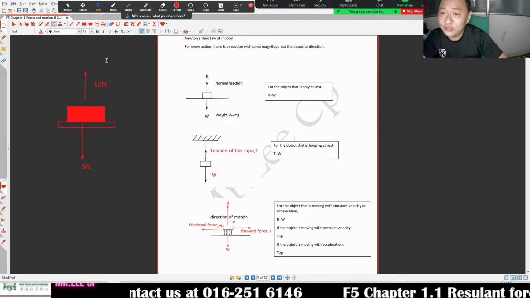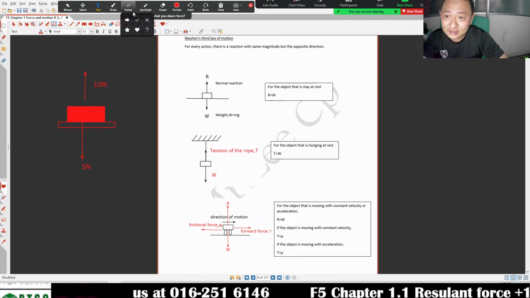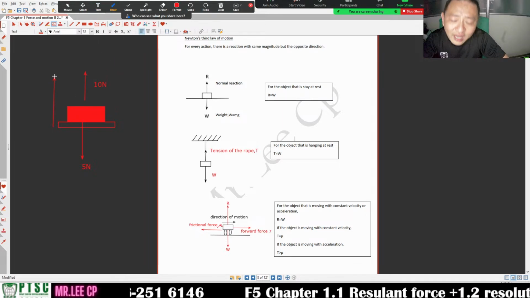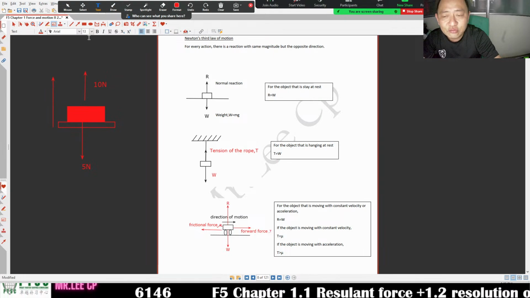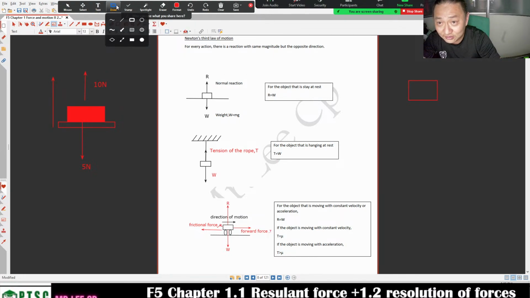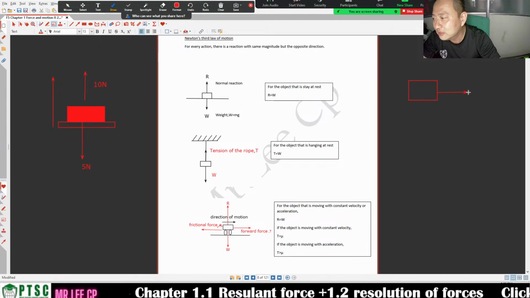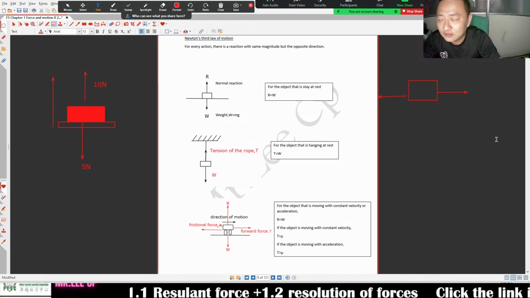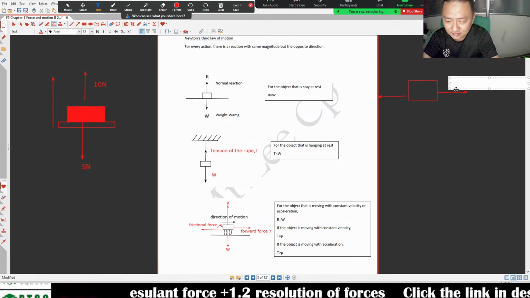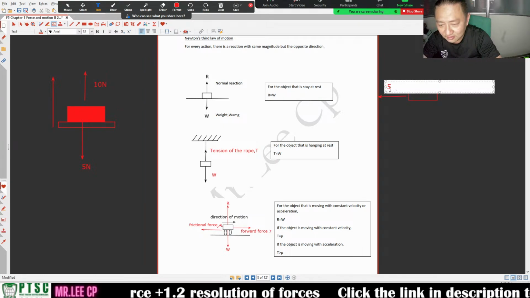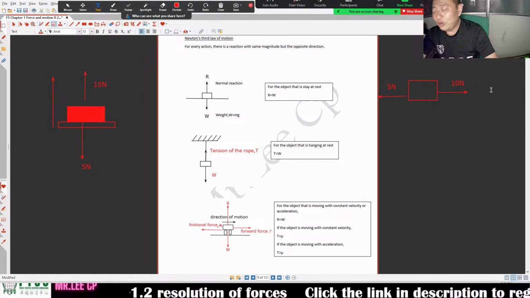You move it upward with acceleration because you got a net force going upward. The net force. Still remember this one, you see, I ask you this way, then you remember. Where will it go?